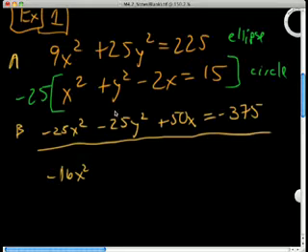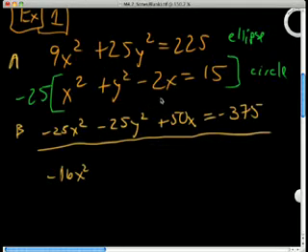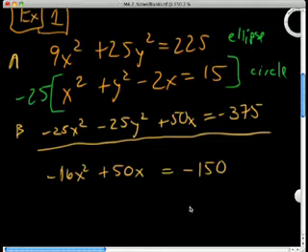The y's, 25 and negative 25, cancel out, which is what I wanted. There's no like term for the 50x to combine with, so that's just going to be plus 50x. Equals, and 225 and negative 375 combine to be negative 150.